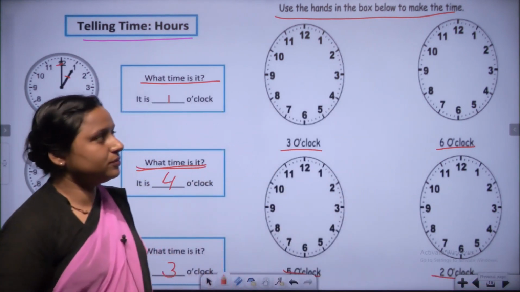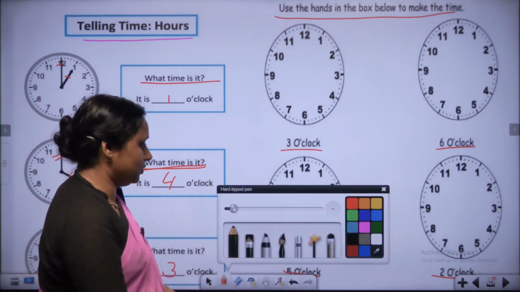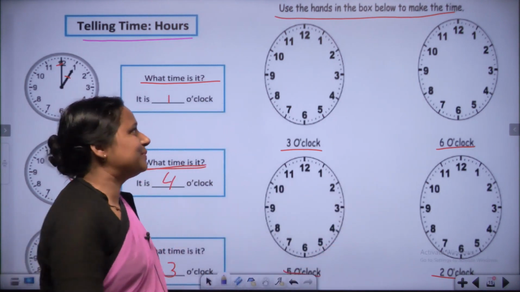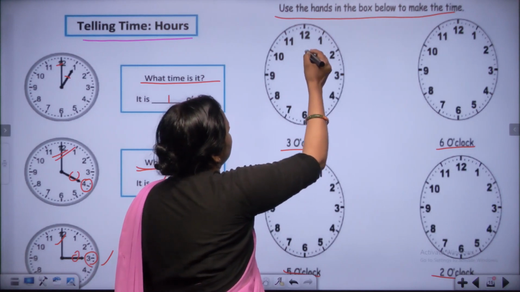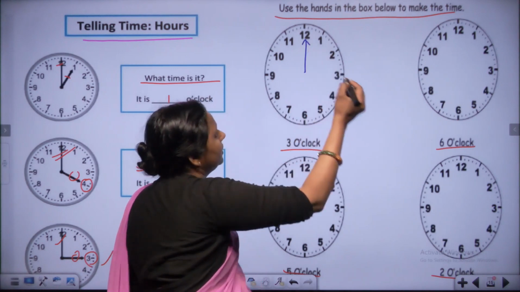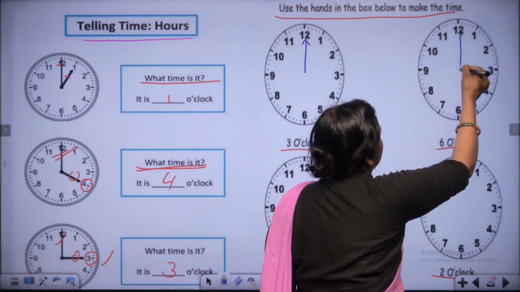Okay. First we make minute hand. Okay. With blue color. Yes. Blue color से हम minute hand बनाएंगे. Minute hand is longer hand. घड़ी में पहले हम minute hand बनाएंगे.